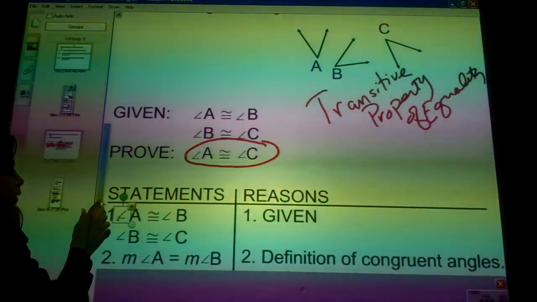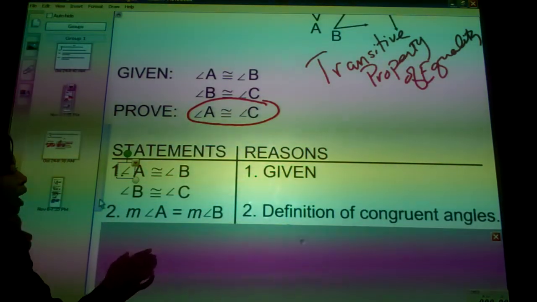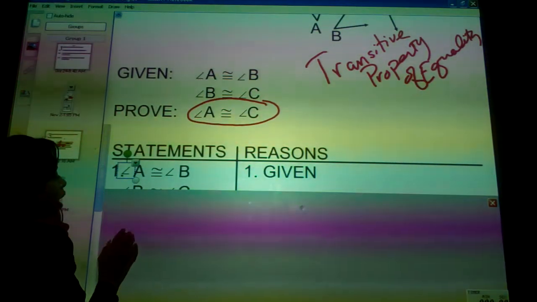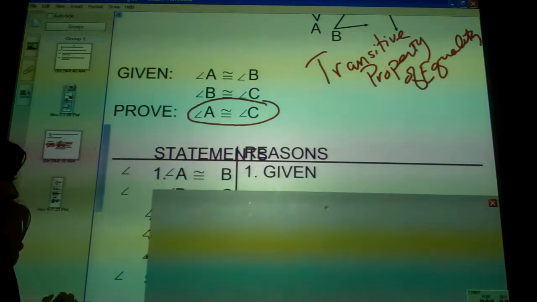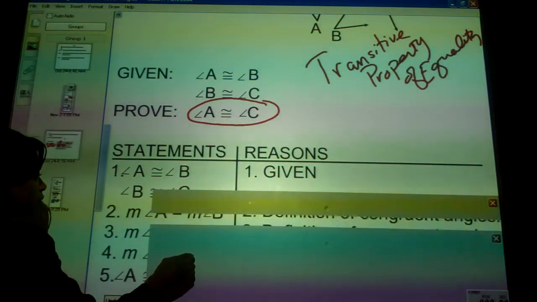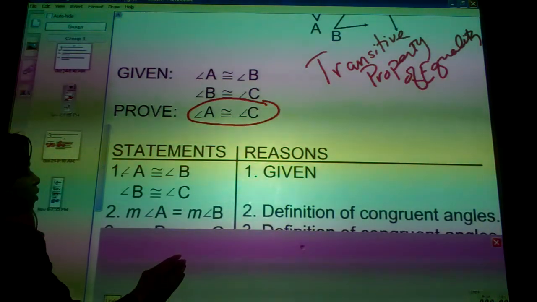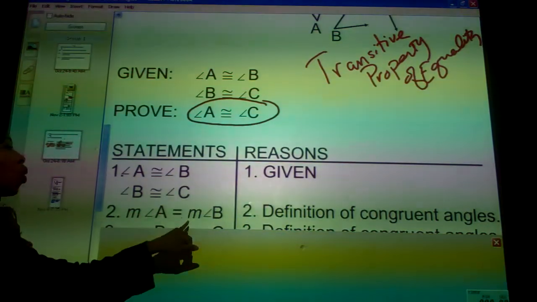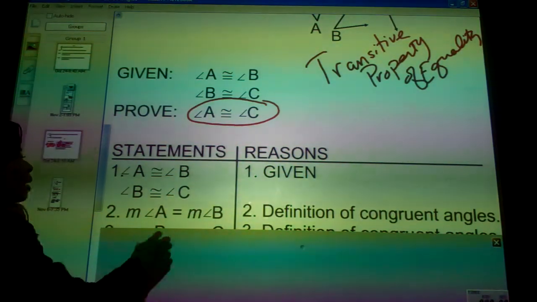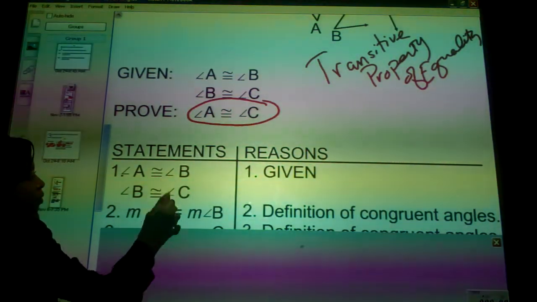Number 2, now the next thing I'm writing is, the measure of angle A is equal to the measure of angle B. I'm taking away the congruence and putting equal.